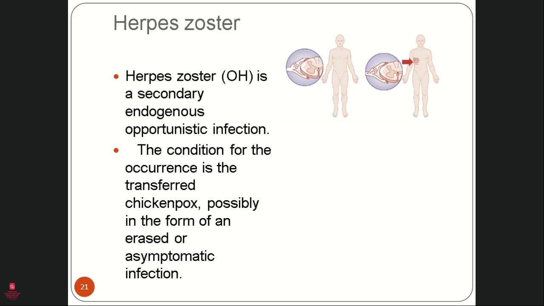Herpes zoster is a secondary endogenous opportunistic infection. The condition for its occurrence is previously transferred chickenpox, possibly in the form of asymptomatic infection.